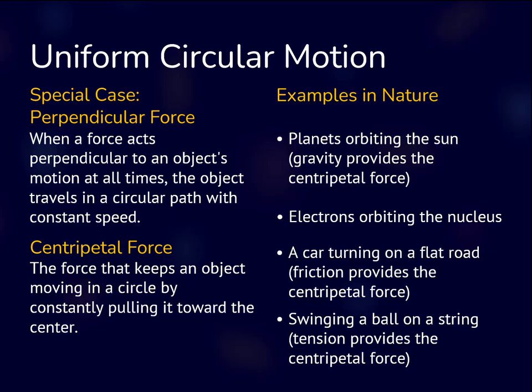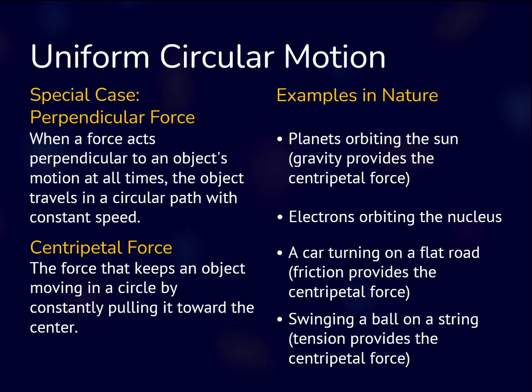So let's consider real quick some real-world examples. Classic, we have a car turning in a circle. Friction between the tires and the road provides the centripetal force. What about a planet orbiting a star? Gravity pulls that planet toward the star. What about a ball being swung on a string? The tension in the string pulls the ball inward. What about an electron orbiting a nucleus? The electric force keeps it in orbit.